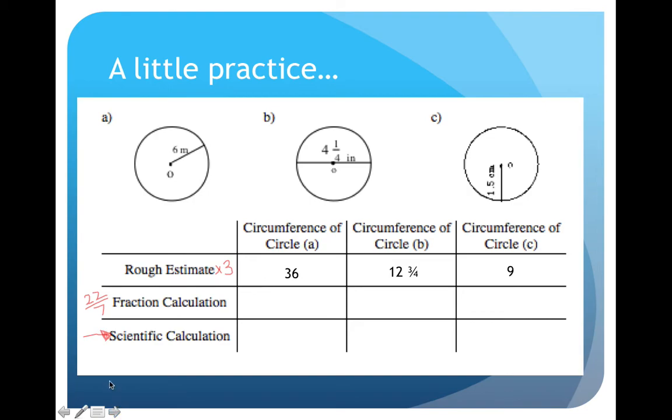For your fraction calculation, the improper fraction would be 264 over 7, 187 over 14, and 66 over 7, or 9 3/7. Finally, your scientific calculation would be 37.7, 13.4, and 9.4.